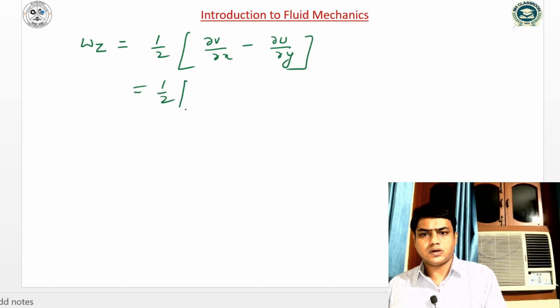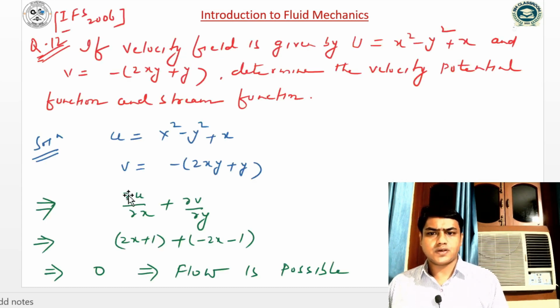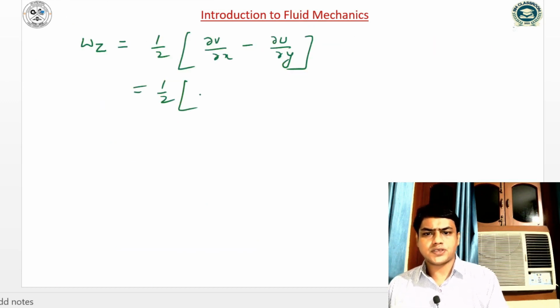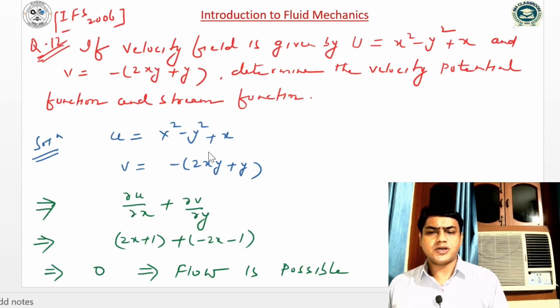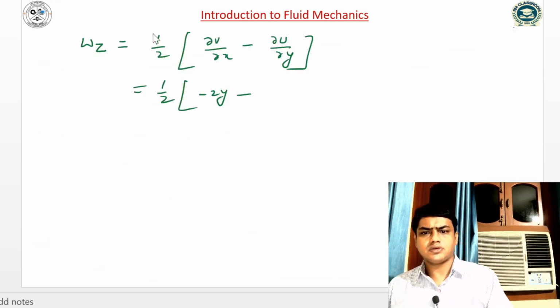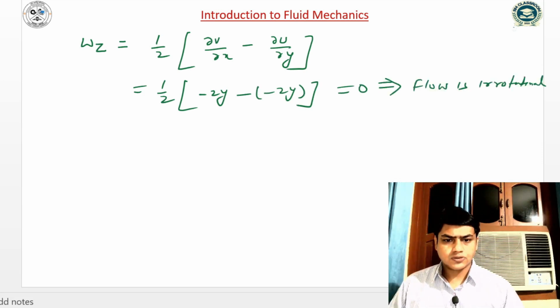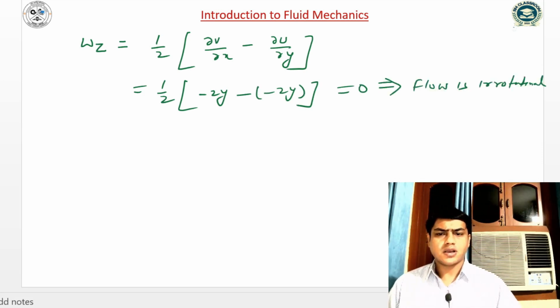Del v by del x is minus twice y, minus del u by del y, which is minus twice y, so minus into minus twice y. So it is 0. As the flow is irrotational, our velocity potential will exist.